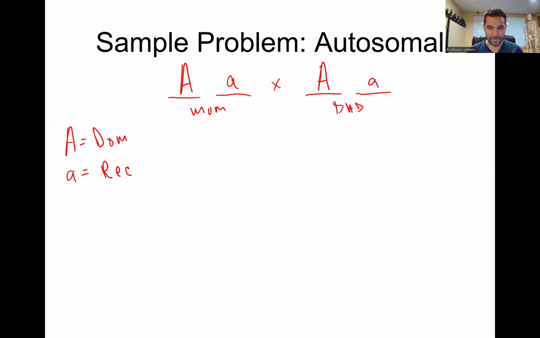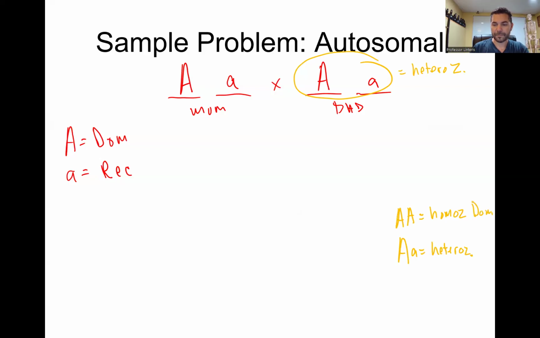This makeup where you have a big A, little a, is called heterozygous. Other scenarios would be big A, big A, and we call that homozygous dominant.